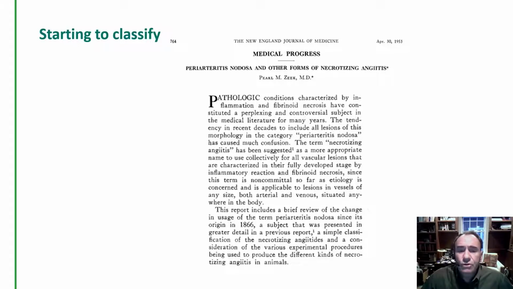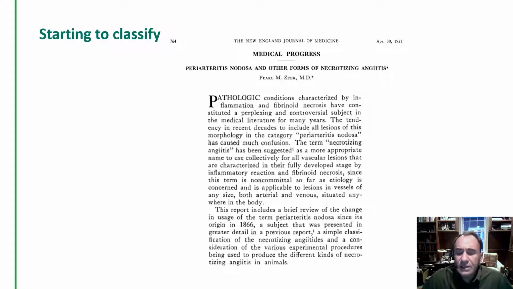That term was the term that was really referred to just about all of the different conditions that seem to involve the vasculature, for almost the next decade. And it was in 1953 in the New England Journal of Medicine that we see one of the first attempts to start to classify what seemed like a number of different conditions that this was actually referring to. And Pearl Zeek, in this really comprehensive piece, talks about the tendency in recent decades to include all lesions of this morphology in the category periarteritis nodosa, but this was causing much confusion.